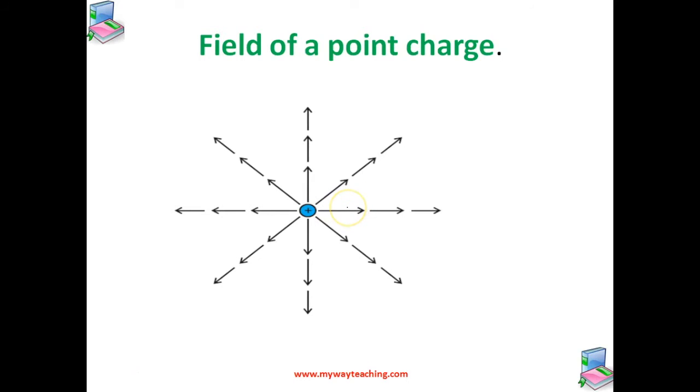So the density of field lines is more near the charge, and as the lines go apart, the electric field strength will decrease and the field lines will go apart. Okay. So the relative density of lines in different regions is very important.